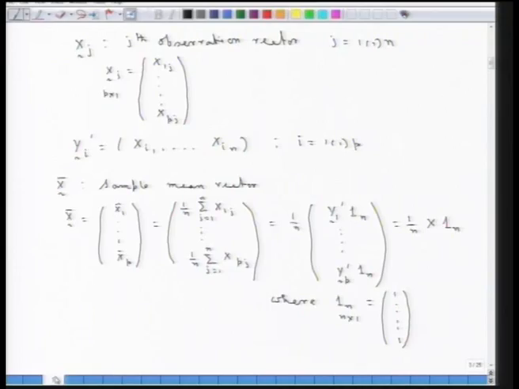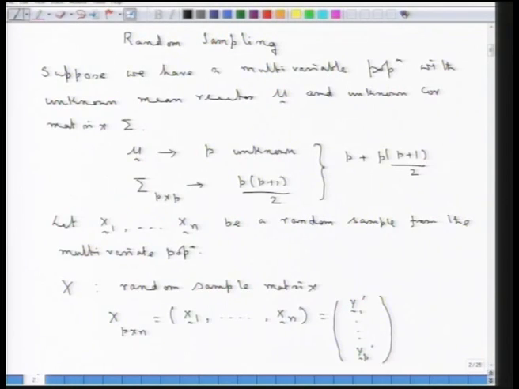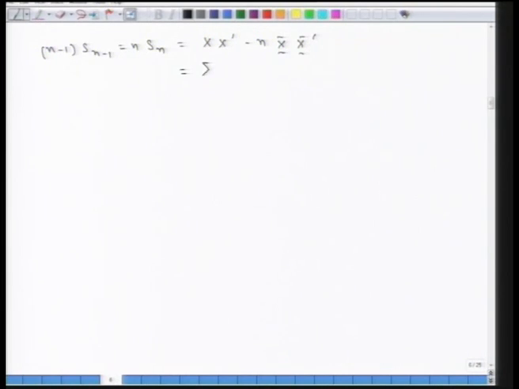Since this x matrix is of this particular form, x transpose can be given by the following: summation j equal to 1 to n xj transpose minus n times x bar transpose. So this can be written as following: xj minus x bar vector into xj minus x bar transpose, j equal to 1 to n, right.